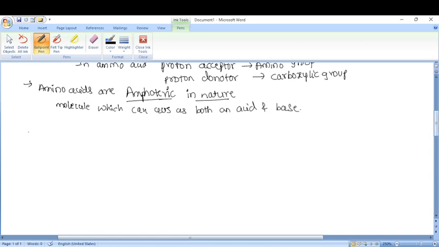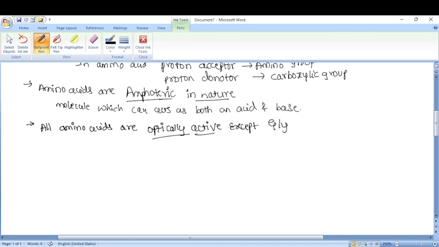All amino acids are optically active, and this is very important, except one, that is glycine. Except glycine, all the standard amino acids are optically active. Now what do you mean by optically active?